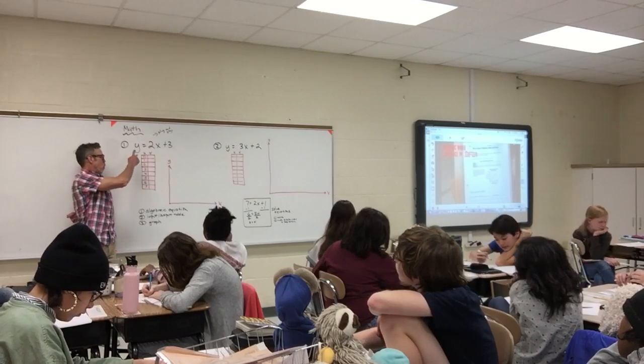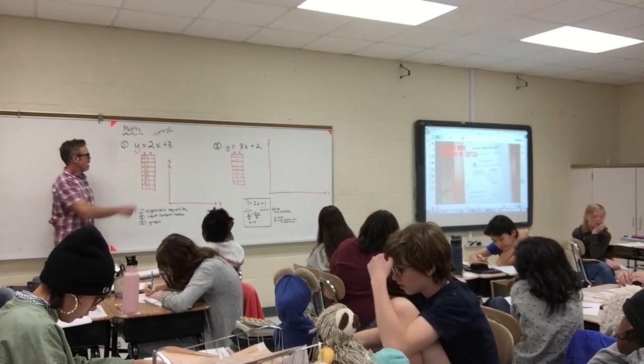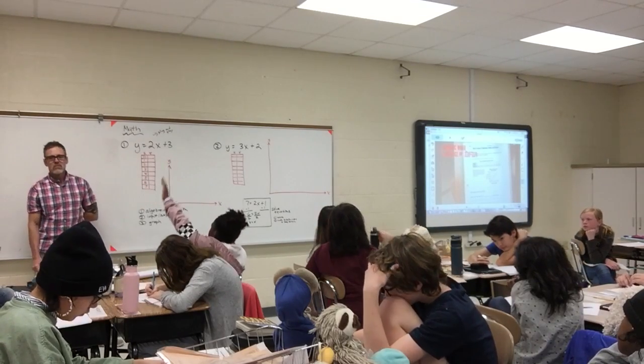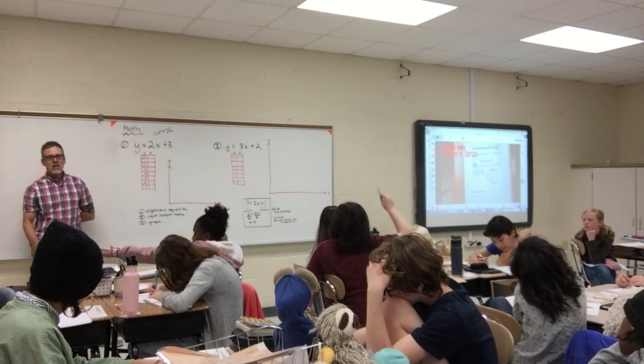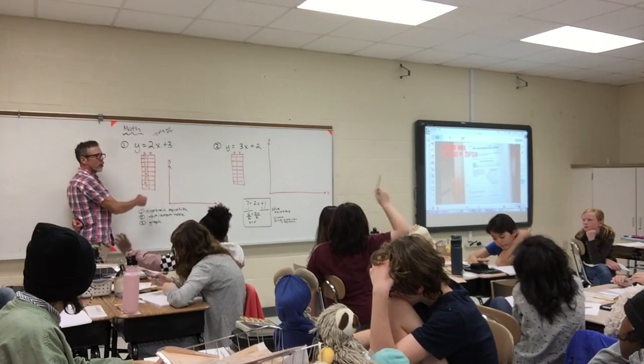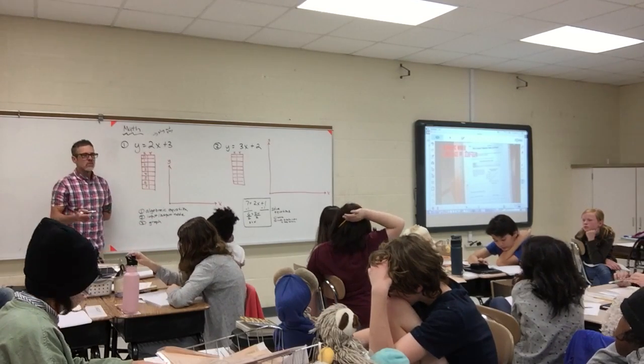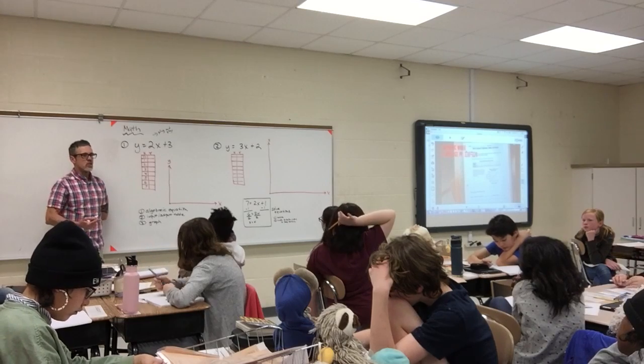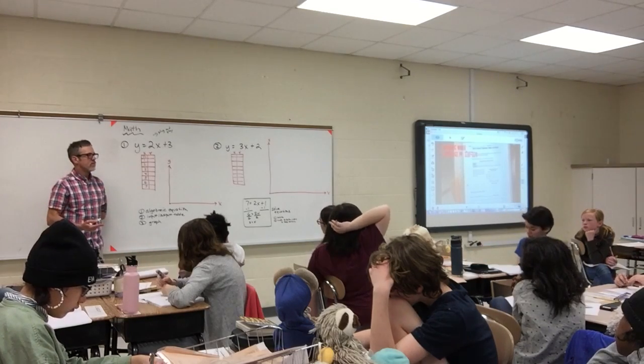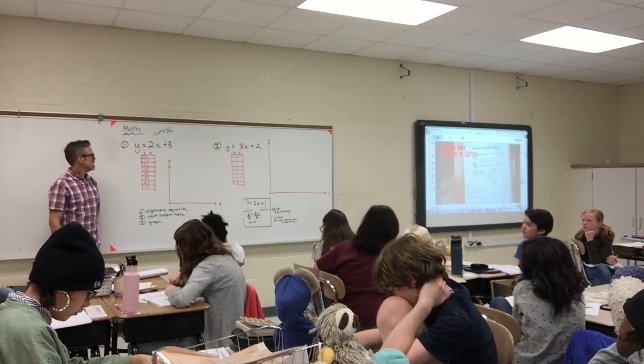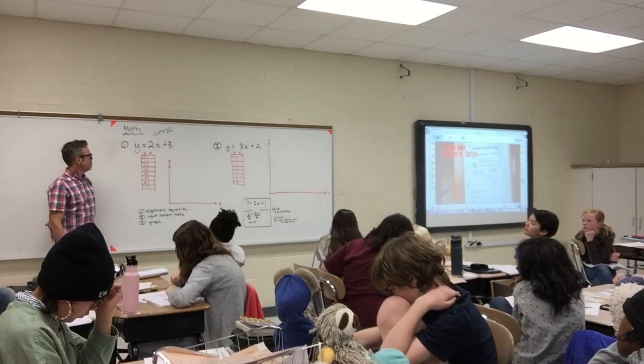Why is that going to be more helpful? Mason, why is that going to be more helpful? So you can see like the order of them. Right. Because this is in order and I will see the pattern. Okay? Since it's in order, it shows the pattern better. So that's why to use this. All right?